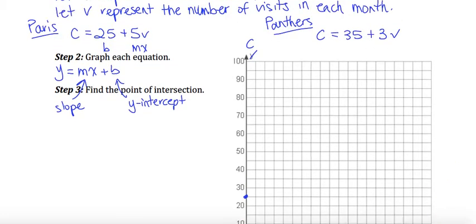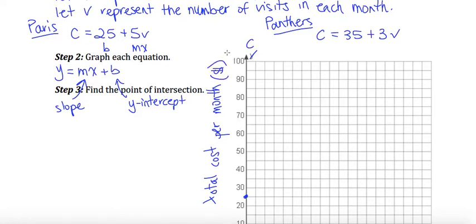And my y, or my c in this case, refers to the, I'm going to try to write sideways. It's going to be difficult. The total cost per month. It's not terrible. Okay. And this is in dollars.